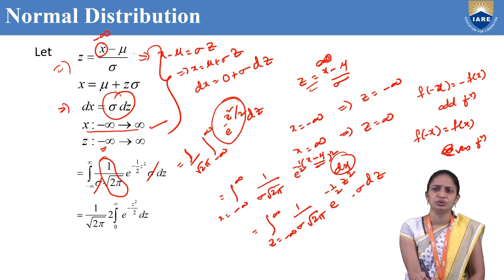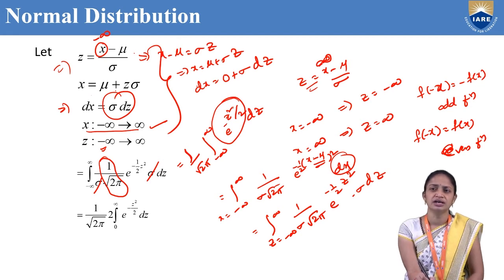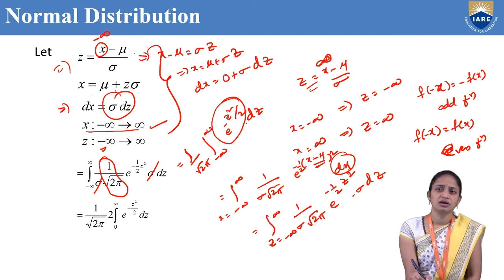Because here we have z square, that is an even term, so f of minus z equals f of z, and this will be an even function.